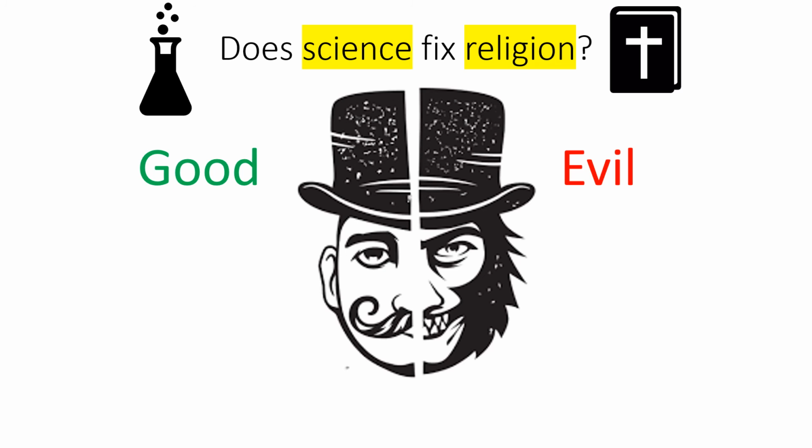Because actually we need to look at Jekyll as not being good. We need to look at him as being a mixture of good and evil, like everybody. He is not good, he's a mixture of good and evil. He creates Hyde to try and separate his good and evil side.